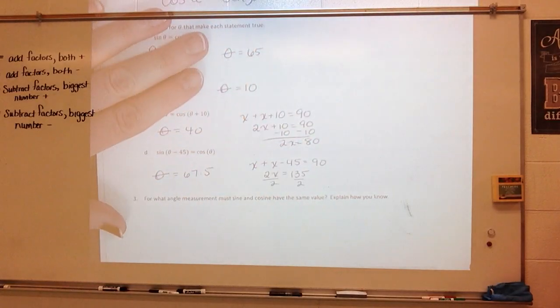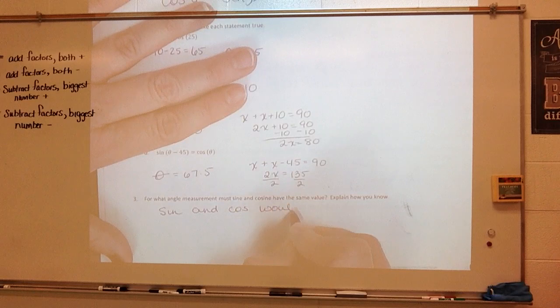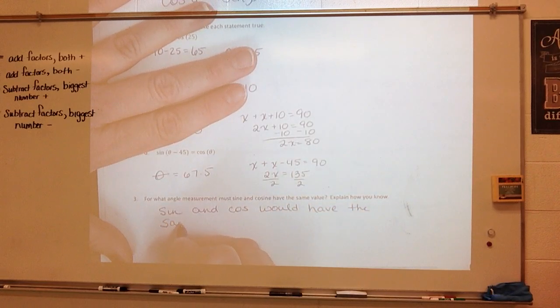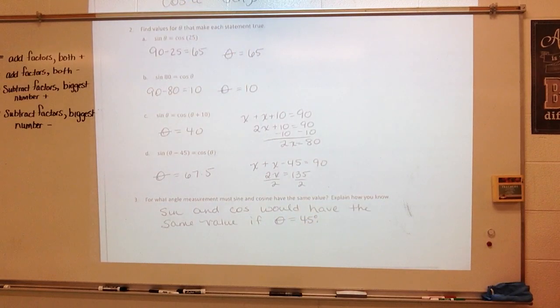That's the only way that sine and cosine would have the same value, if my angle equaled 45 degrees. The sine of an angle is equal to the cosine of its complement, and since the complement of 45 is 45, then I would know that the sine of 45 is equal to the cosine of 45.